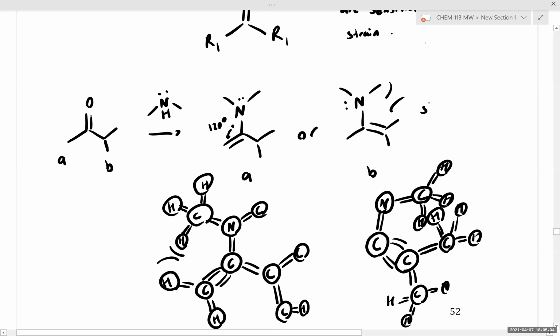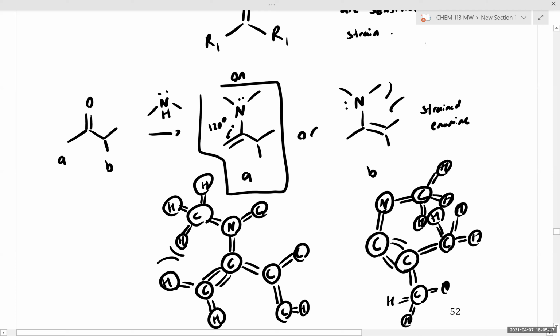B, exactly right. It's a highly strained enamine. And as a consequence of this, when you form enamines, you see only the least hindered, least substituted enamine form.